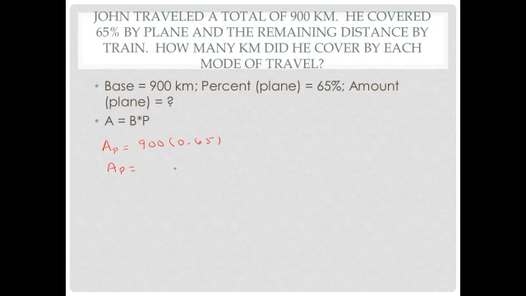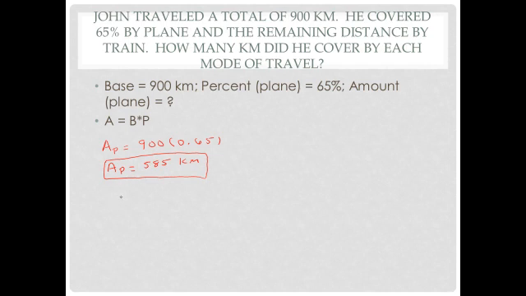So multiplying that out would tell me that he covered 585 kilometers by plane. But the question asked by each mode of travel. So we have the plane portion of it, but I also need the train.